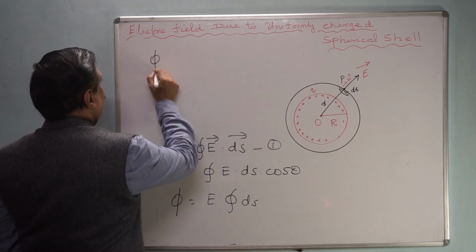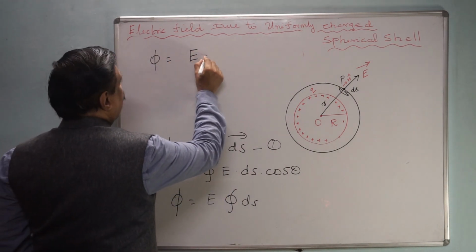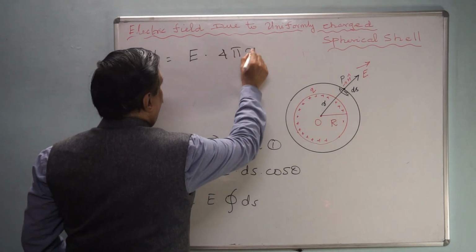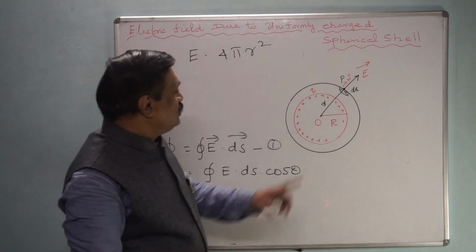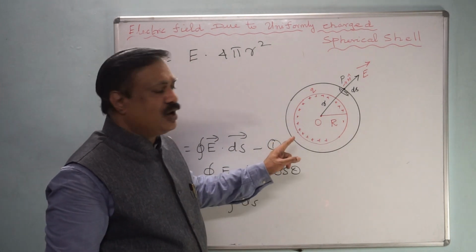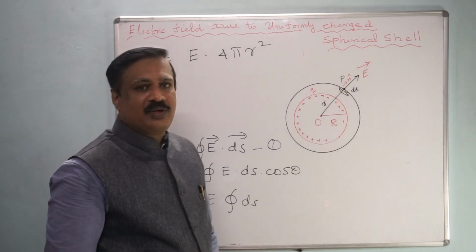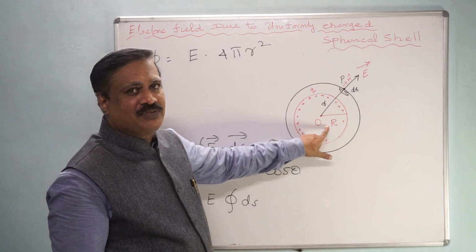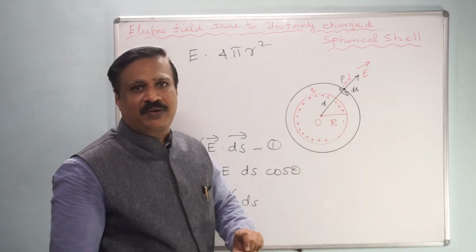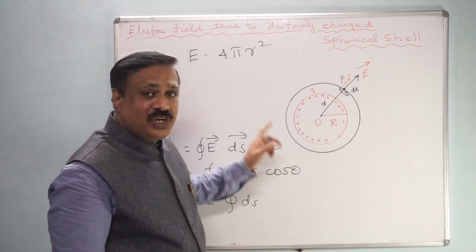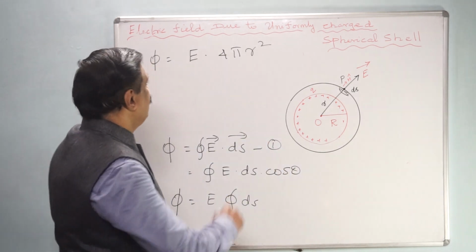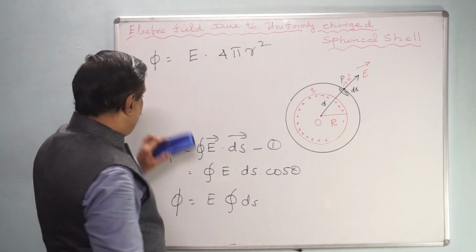Therefore flux phi equals E into 4 pi r squared. This is another sphere of radius small r. This capital R is the radius of the charged sphere. This is our imagined Gaussian sphere.